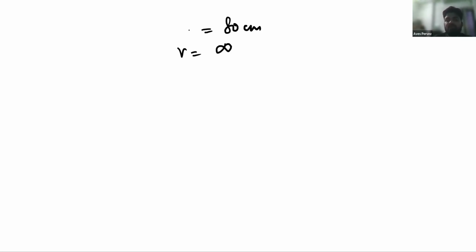You can consider this one as u. So what is the formula for the lens? 1 upon f equals 1 upon v minus 1 upon u. Will it be a concave lens or a convex lens?